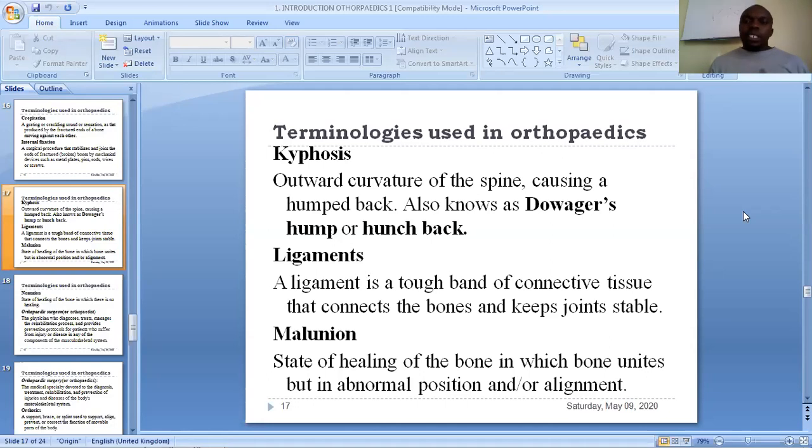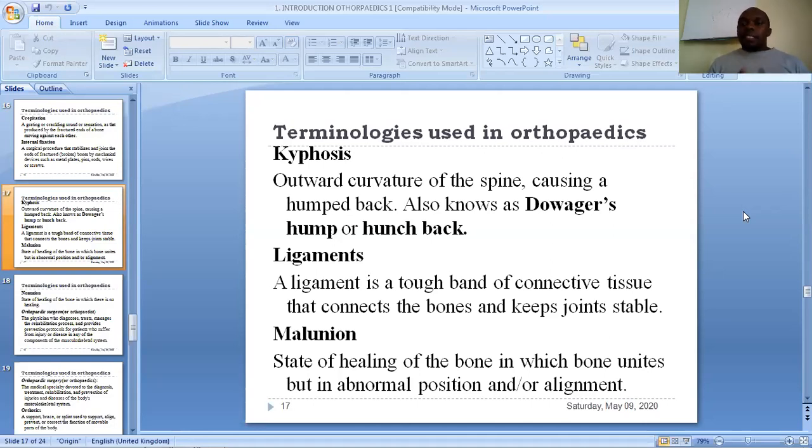The other terminology to look at is ligament. What is a ligament? This is simply a tough band of connective tissue that connects bones and keeps joints stable. One person would ask you what's the difference between a ligament and a tendon.